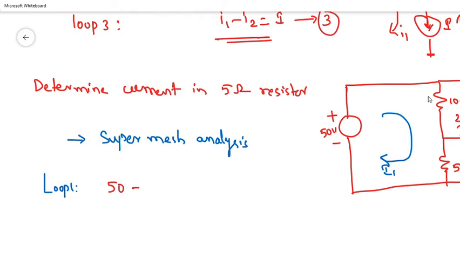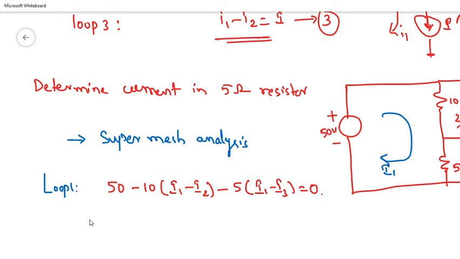In the 10 ohms resistor, I1 is passing as well as I2, so 10 into (I1 minus I2), and next minus the 5 ohms resistor. Here also 2 currents are passing, I1 downward and I3 upward, so the difference of the 2 currents: 5 into (I1 minus I3), equals 0.